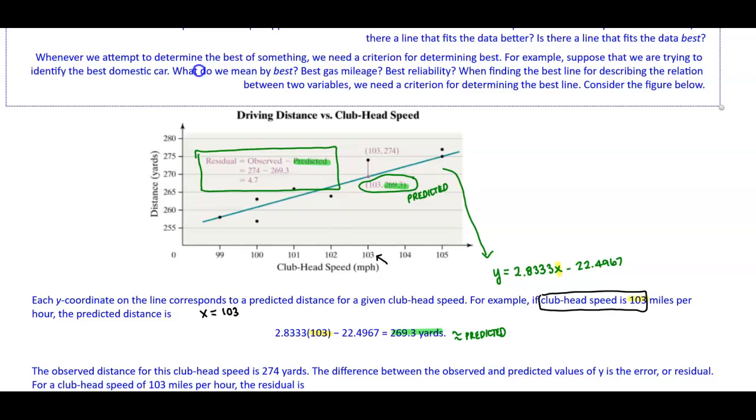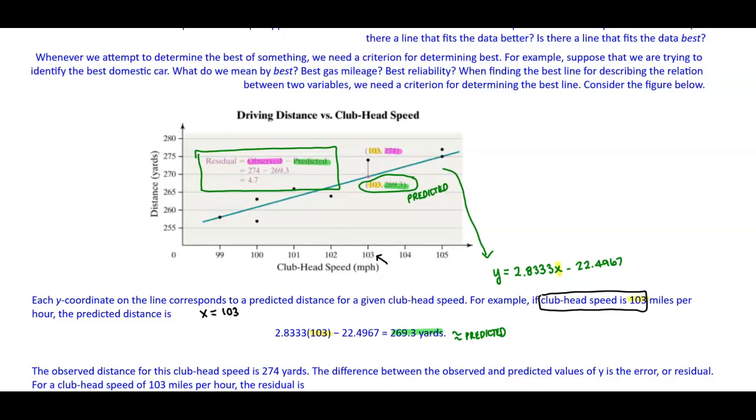Now, what is the observed value? The observed value is 274, because that was the actual point given in the scatter diagram for 103, the x value that we chose. So we take the observed value and subtract the predicted value, and that gives us what we call a residual.